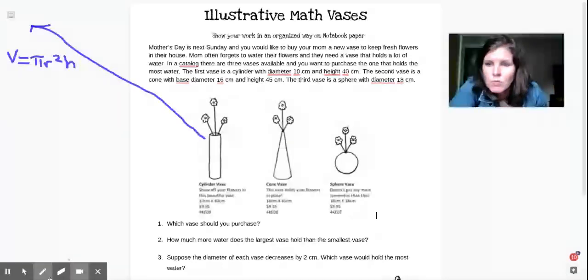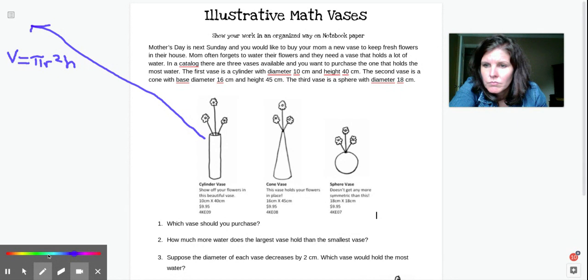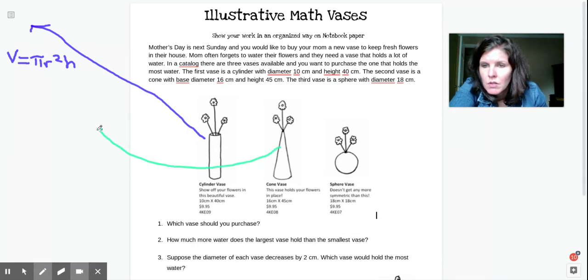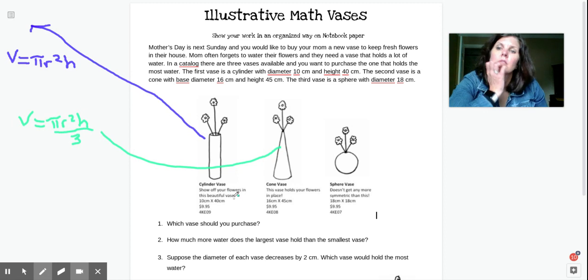And the cone is 1/3 of that. You do the same thing. Volume is pi r squared h, and then you divide by 3. So pi r squared h divide by 3 for the cone.